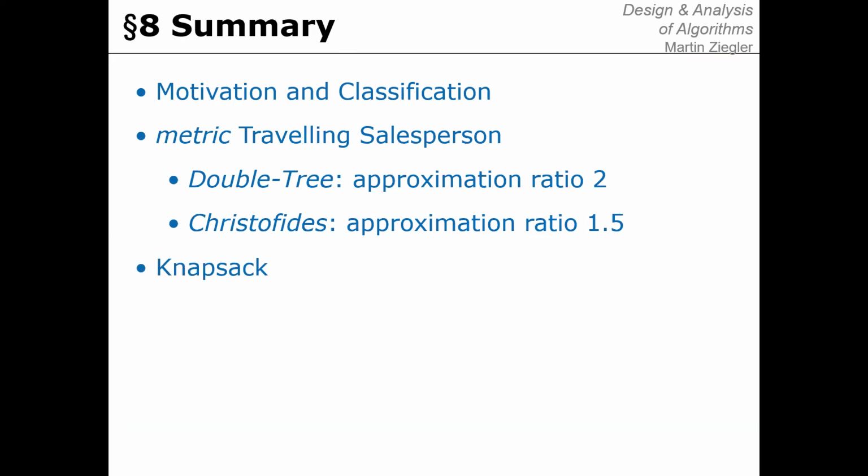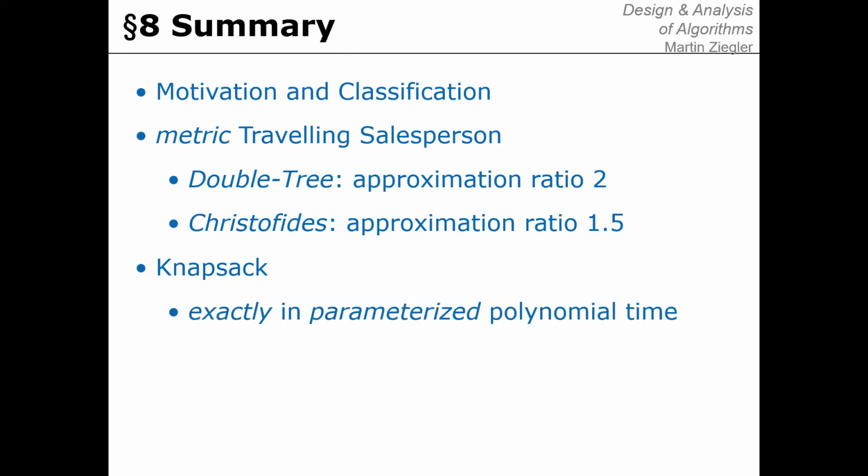And we discussed the knapsack problem. We solved it exactly using dynamic programming in parameterized polynomial time, where the parameter, which may be exponential, is the value that is output. Not the binary length, but the actual value that can be achieved in this maximization problem.